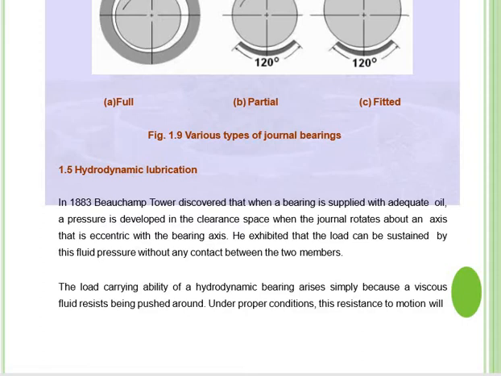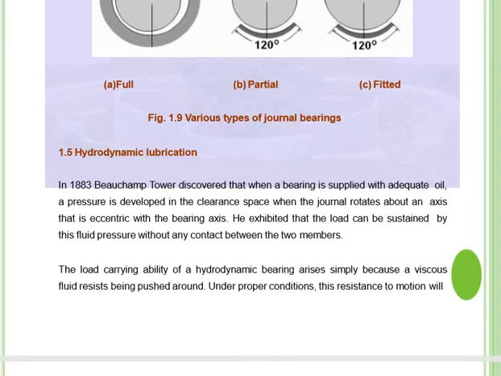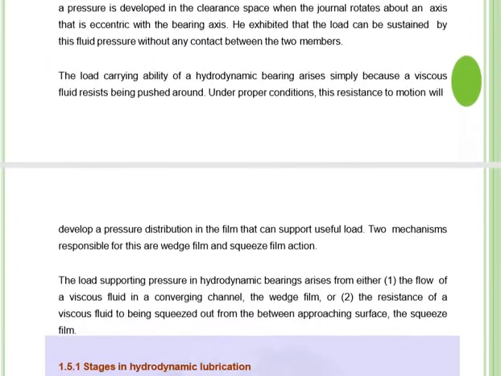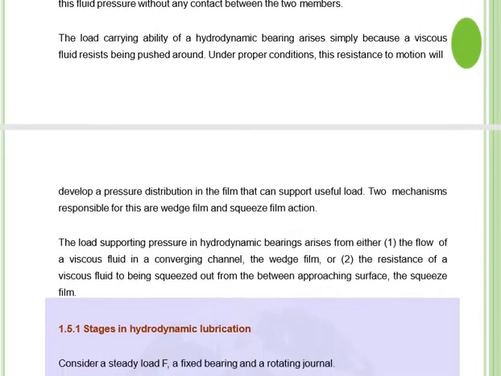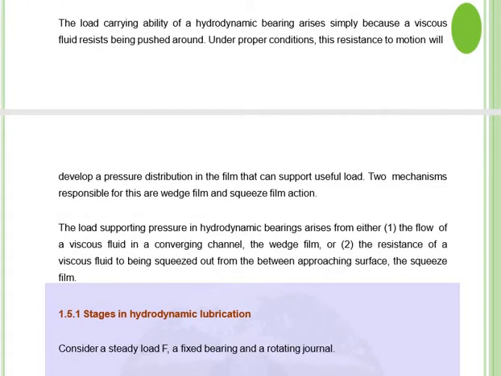The load carrying ability of a hydrodynamic bearing arises because of viscosity and viscous force, as the fluid resists being pushed around. Under proper conditions, the resistance to motion develops a pressure distribution in the film, and it can support a useful load.